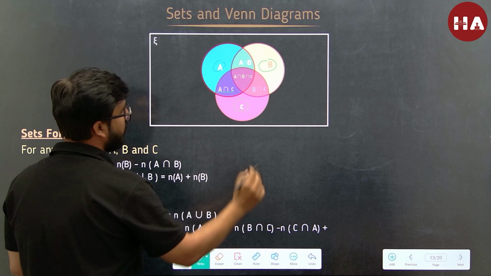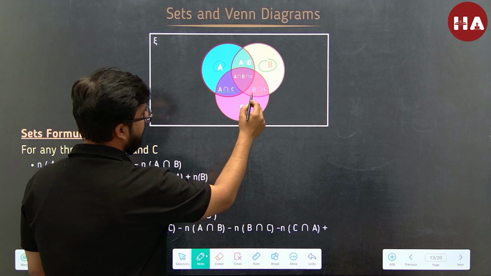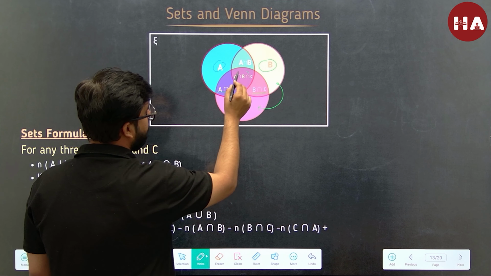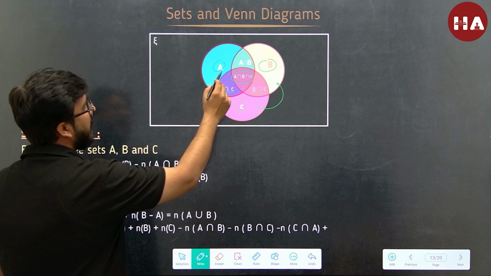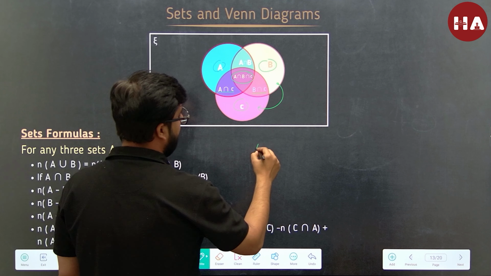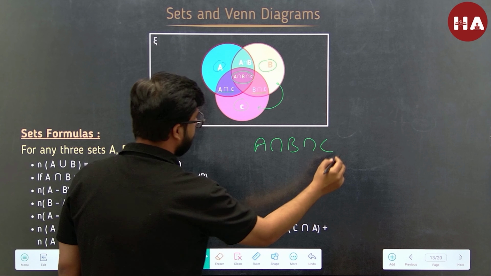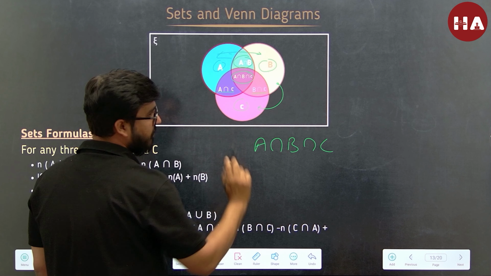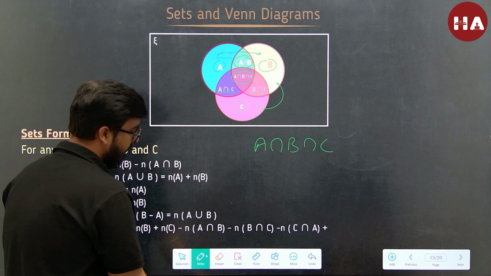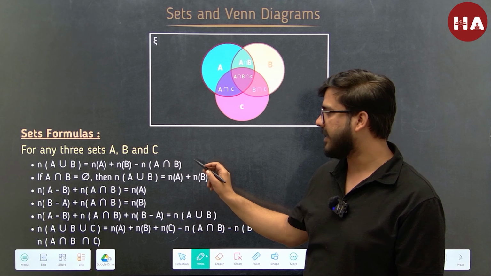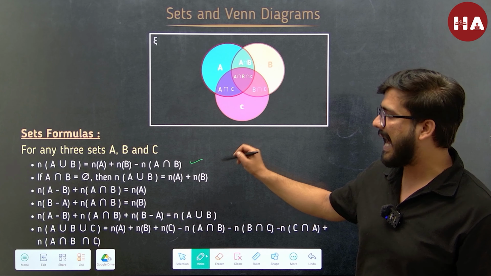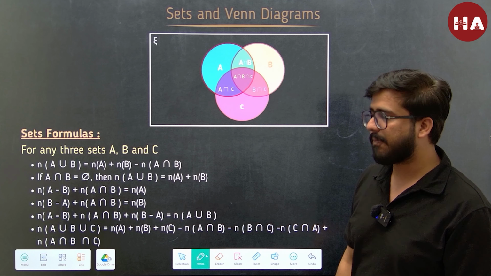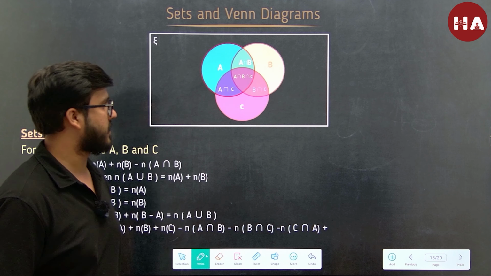This portion is common in A and C, so this will be A intersection C. Similarly, B intersection C is common in B and C, and this middle region is common in A, B and C cumulatively, so this will be written as A intersection B intersection C. Now this upper portion is common in A and B, so this will be written as A intersection B. Now there are some formulas to find the number in intersection as well as in the union. So you can note these formulas down and then we'll proceed with the questionnaire part and the concepts.